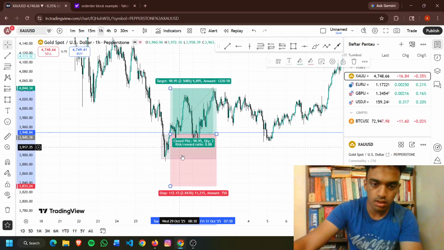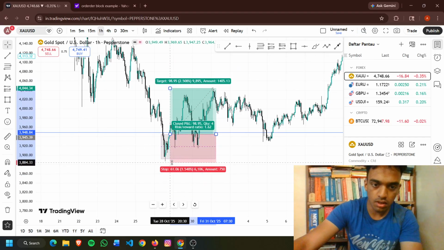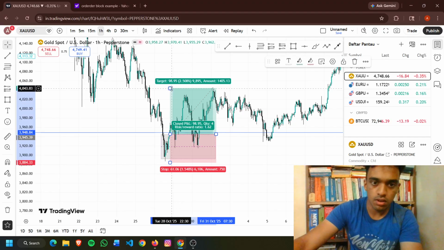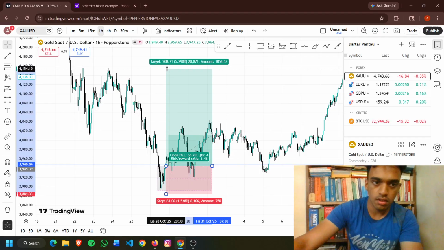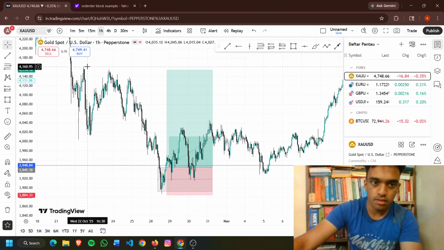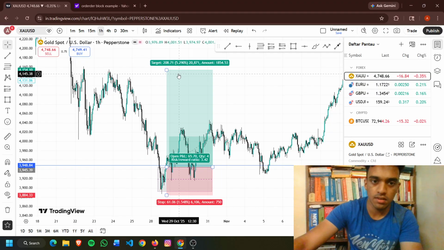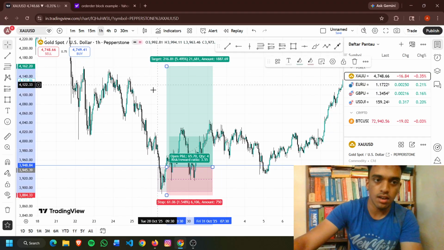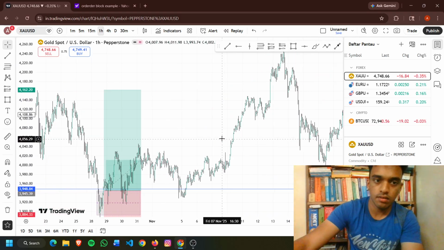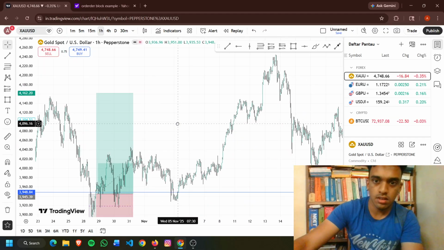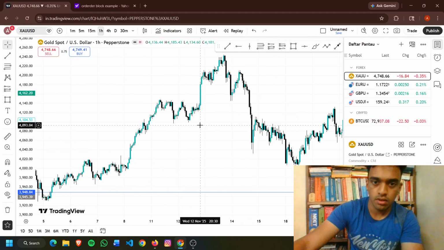Entered over here, stop loss over here, take profit in this high or the other high. I won't go more than this, or maybe this maximum. This is the latest high, this point. So yeah, we got hit. We got the liquidity sweep.